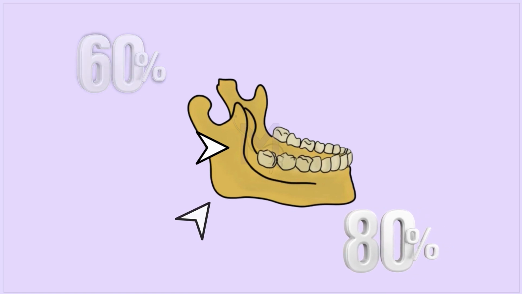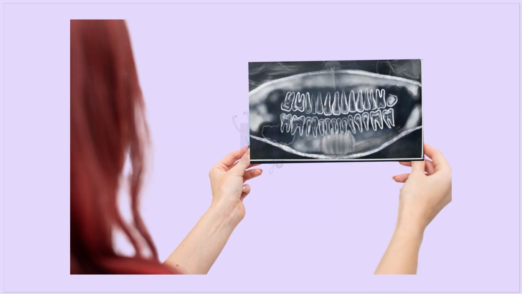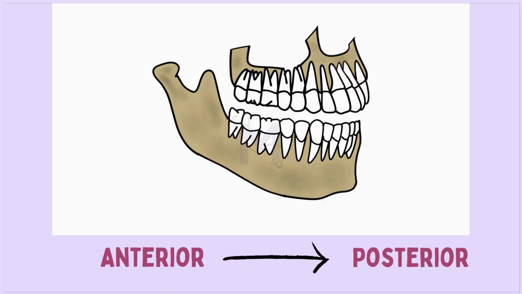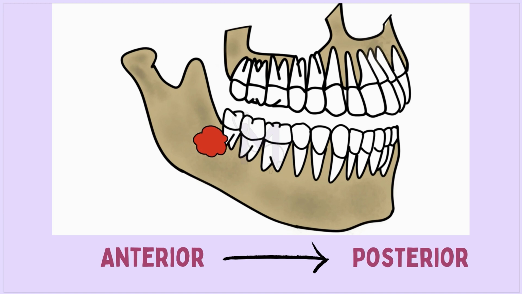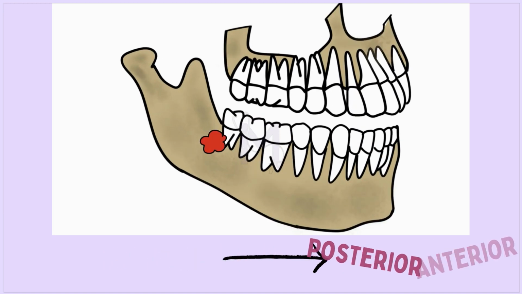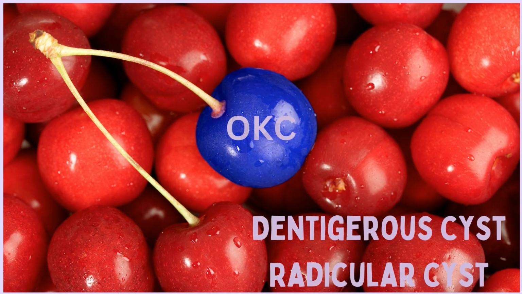Generally, smaller OKCs are discovered during routine radiographic examination. Larger odontogenic keratocysts are associated with pain, swelling, or drainage. As odontogenic keratocysts grow anterior-posteriorly, they may not cause obvious bone expansion. This feature helps in differentiating it from dentigerous and radicular cysts.